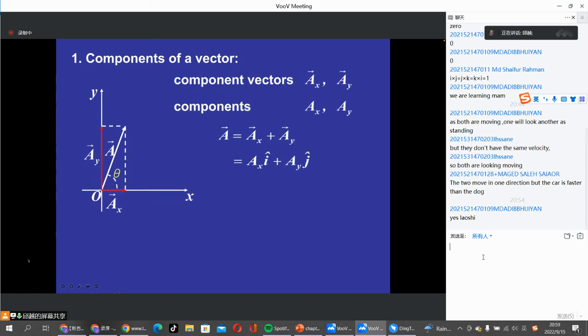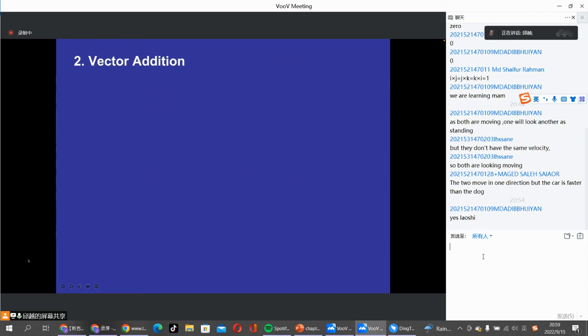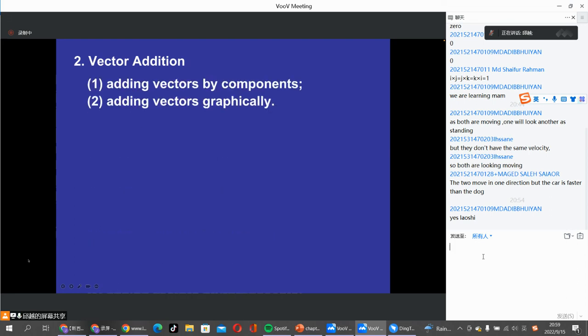By dividing the vector into components, we can calculate the magnitude of the vector and many other parameters. And we learned about vector addition in two ways. Adding vectors by components and graphically.